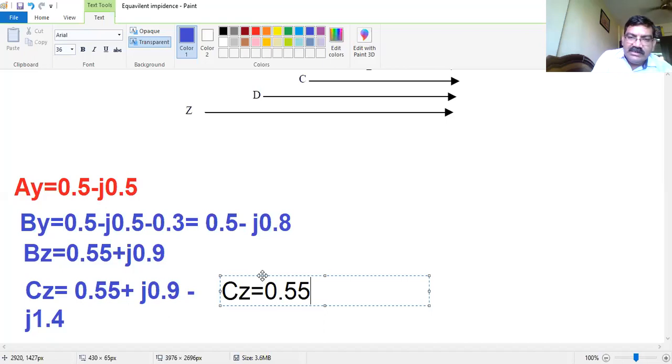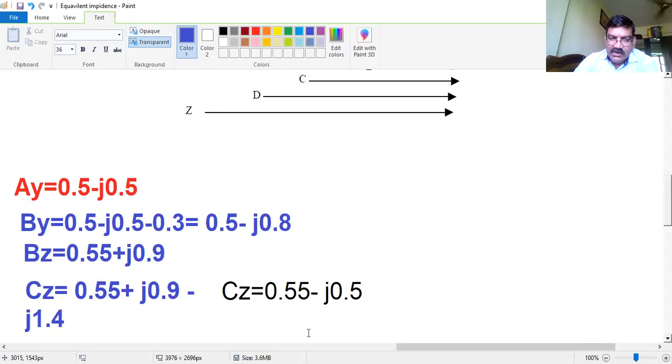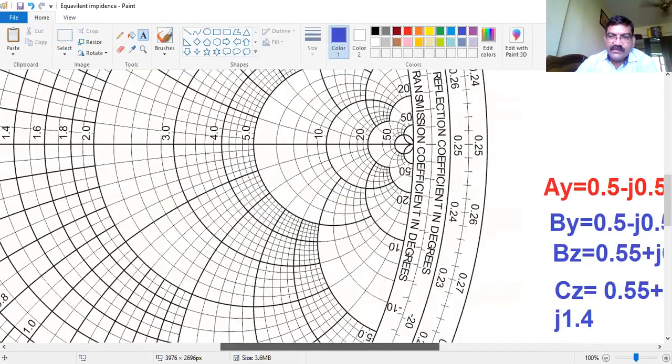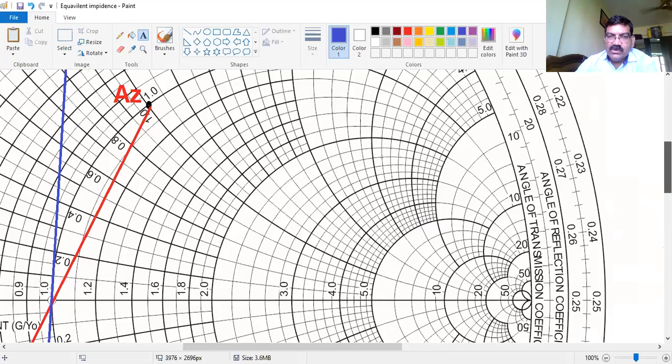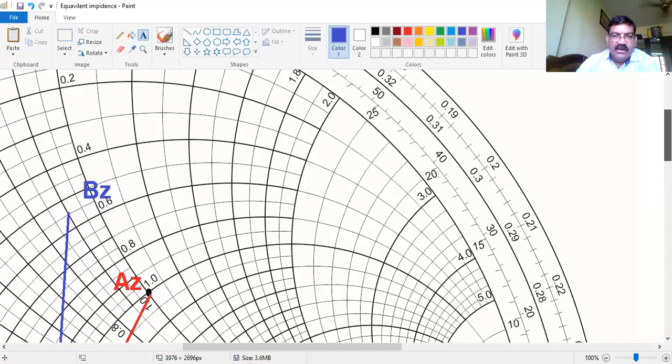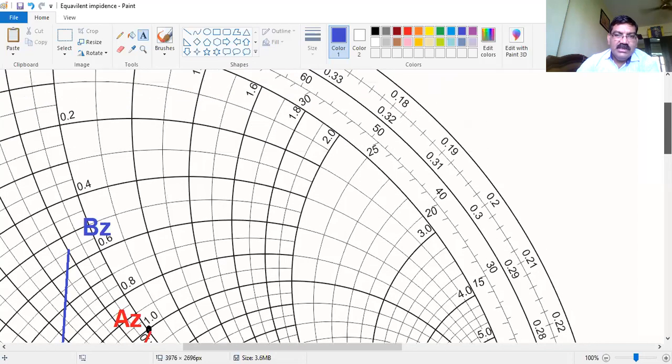So it will be minus how much? 0 minus j0.5. Okay, am I right? Yes. So we will get this. We can see cz on the Smith chart also. So from bz to cz, you can go on this circle.